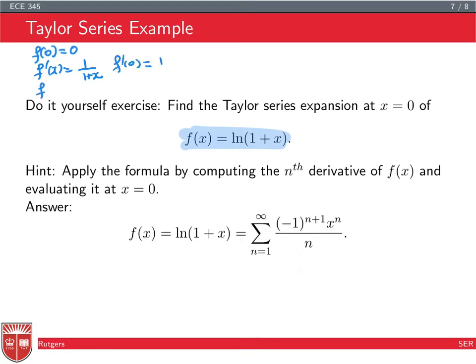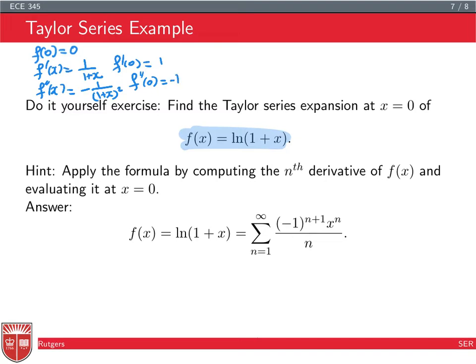If I find the second order derivative, I think of this as minus 1 divided by 1 plus x squared. Let me double check that this is correct. Yes, this is correct. So the second order derivative at 0 is equal to minus 1.